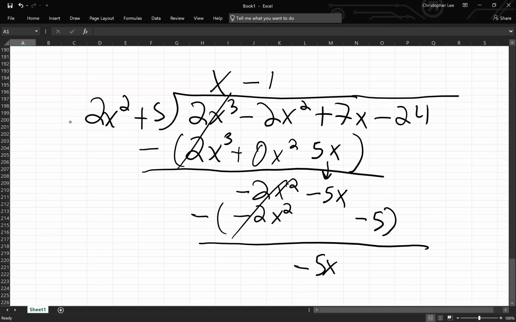Should I have brought that down or not? I feel like this part shouldn't be 5x. Yeah, I feel like this should be 2x. That makes more sense.